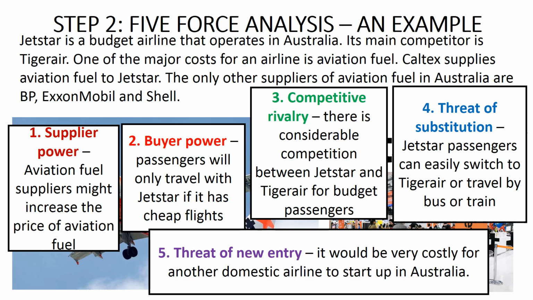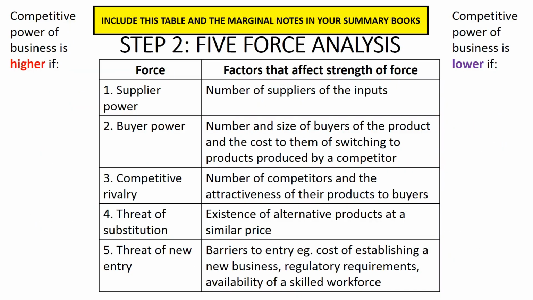So this is a case where the threat of new entry is actually very low, and correspondingly it means that Jetstar will have a higher degree of competitive power than it would have if the threat of new entry was very high.